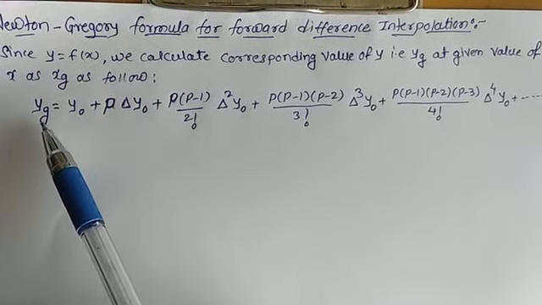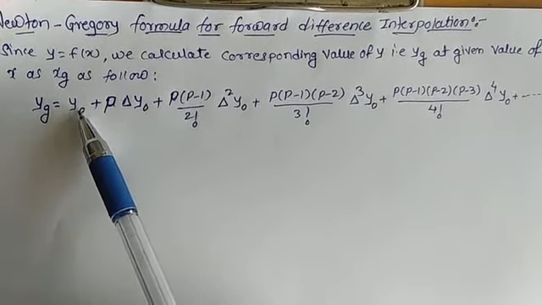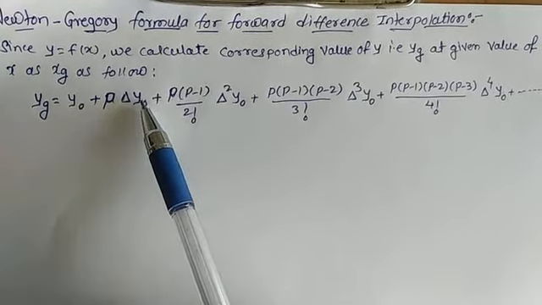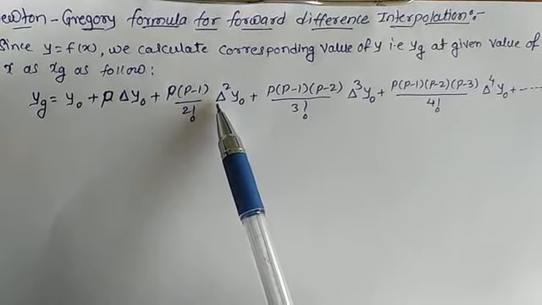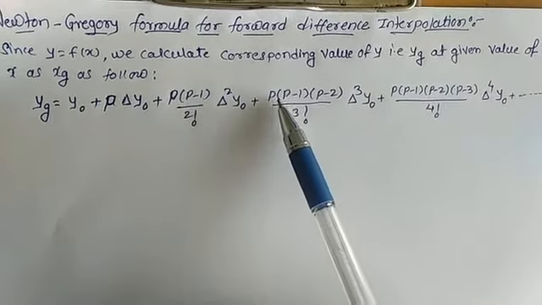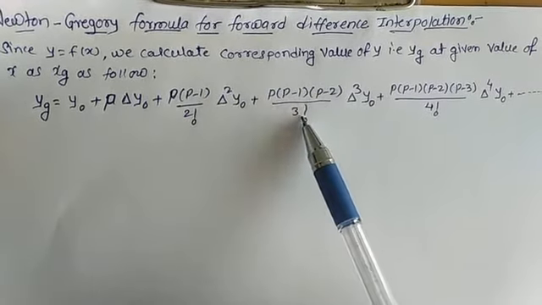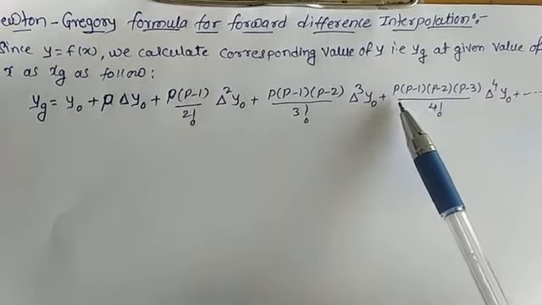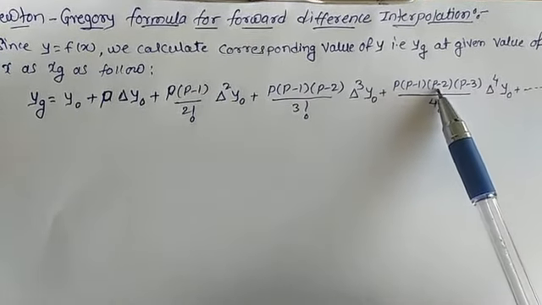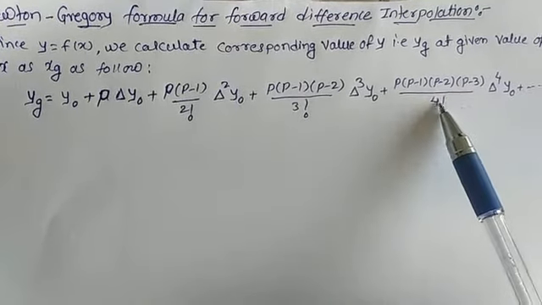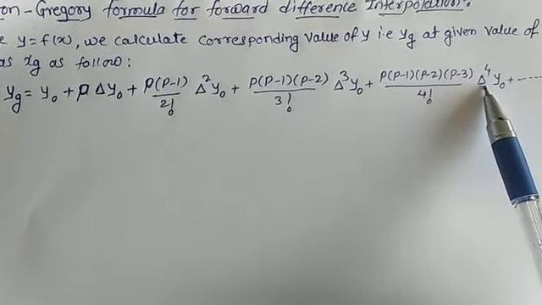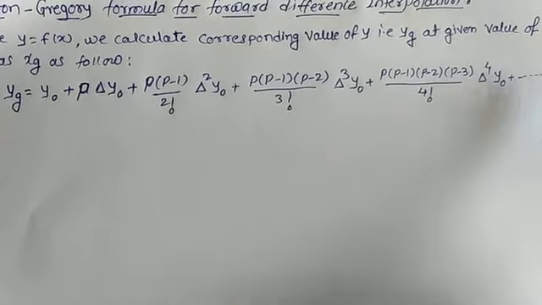So the formula is yg is equal to y0 plus p into del y0 plus p into p minus 1 upon 2 factorial into del square y0 plus p into p minus 1 into p minus 2 upon 3 factorial del cube y0, plus, at the fourth term, p into p minus 1 into p minus 2 into p minus 3 upon 4 factorial into del raised to 4 y0, and so on.